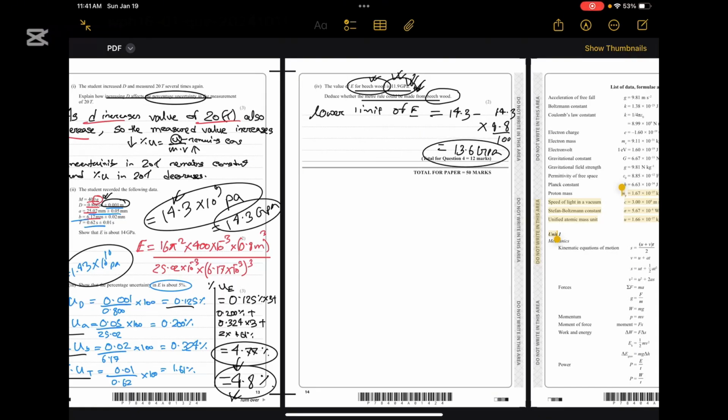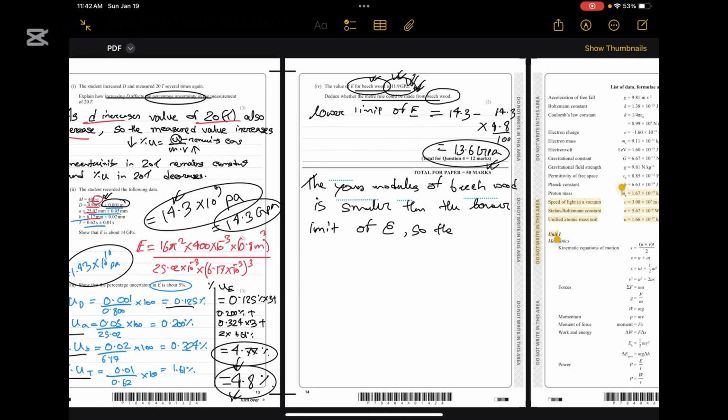As the value has come as 13.6 GPa, which is greater than 11.9, the Young modulus of beech wood, which is 11.9, is smaller than the lower limit of Young modulus.